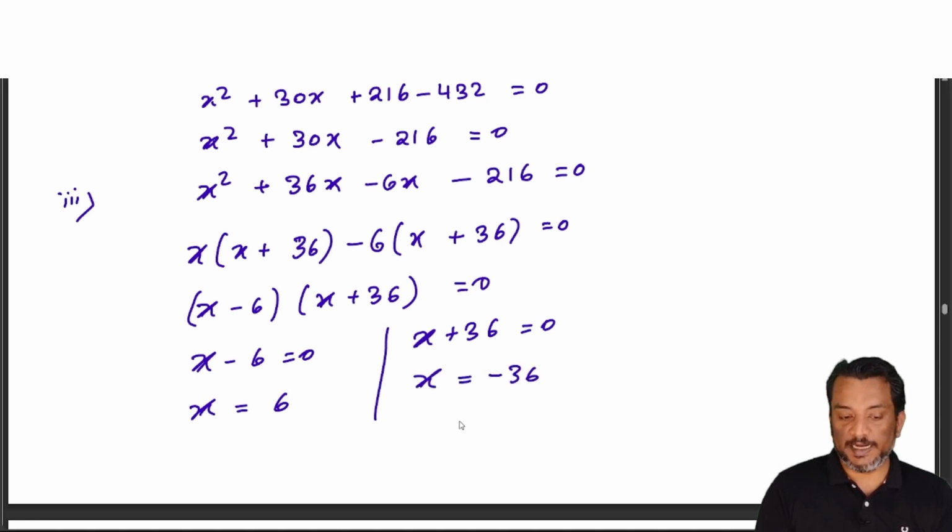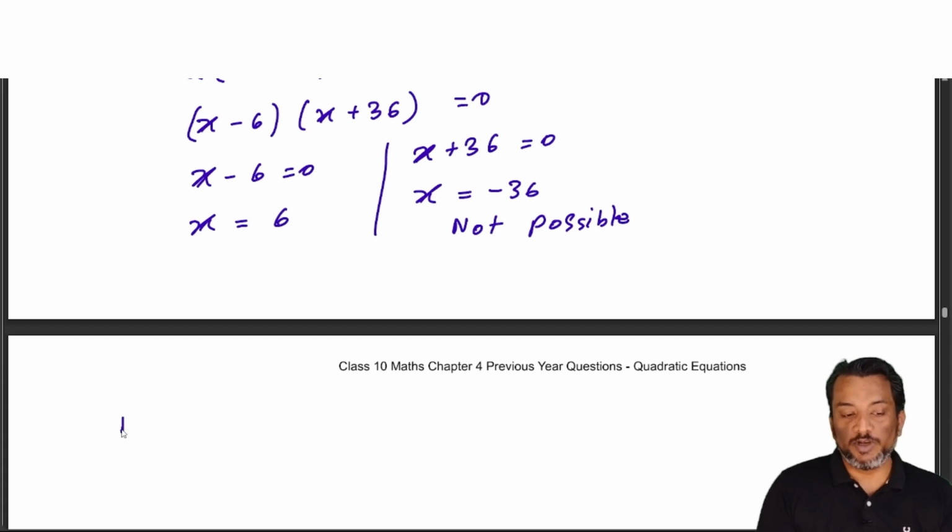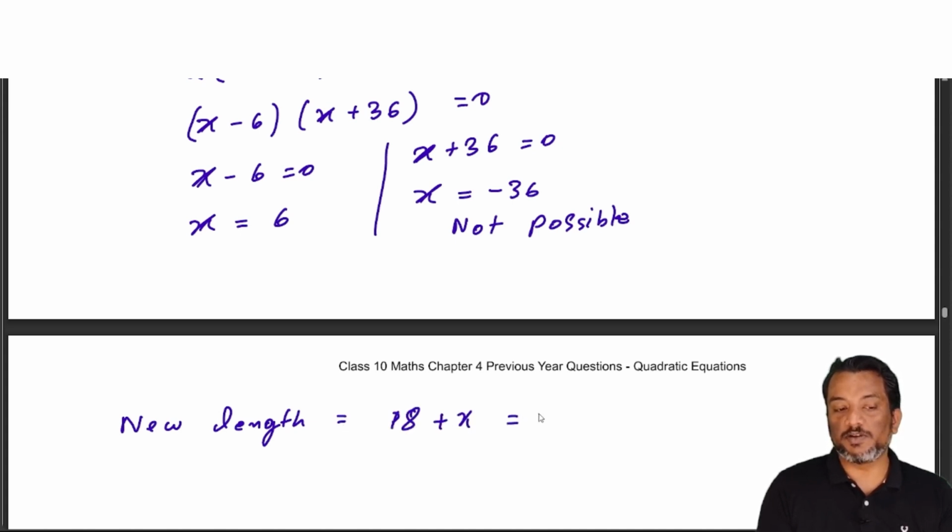So this negative dimension is not possible. So you can say this is not possible, because negative. So now we will say the new length is equal to 18 plus x, so is equal to 18 plus 6.